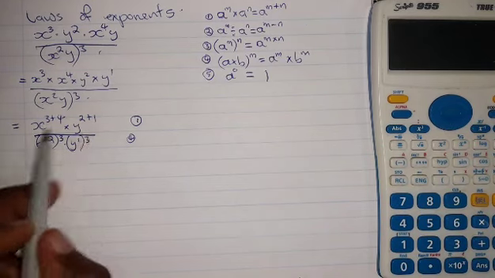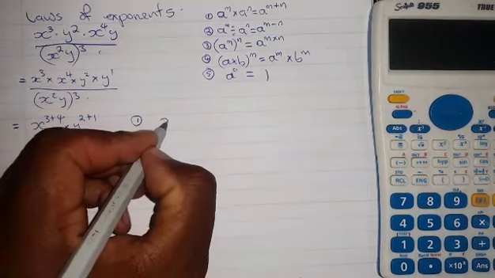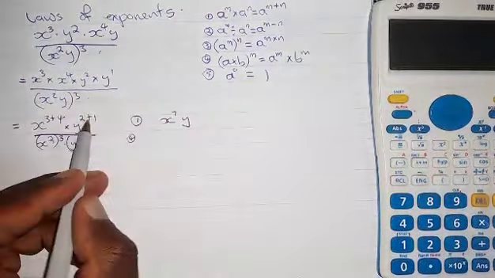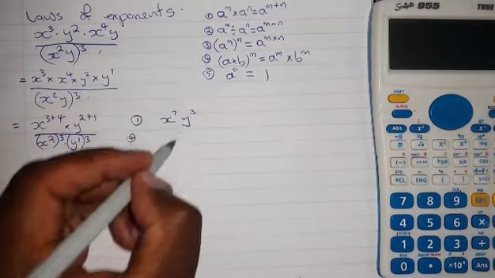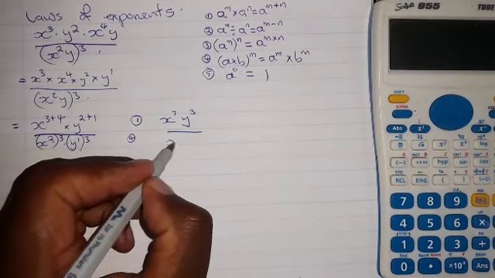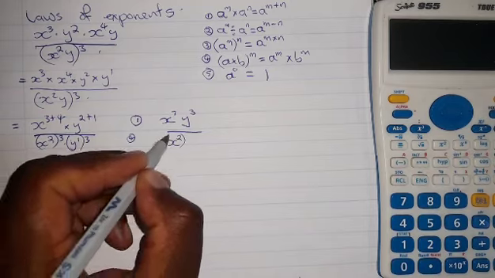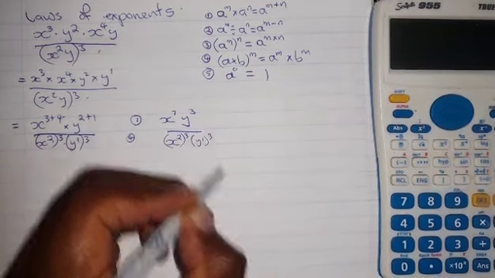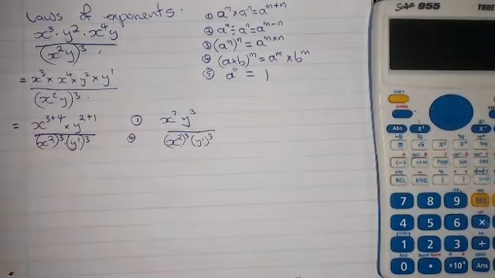And simplifying this one, we get x 4 and 3, they give us 7, y 2 and 1, they give us 3 over x 2 raised to 3 and y raised to 3. And then let's simplify that.